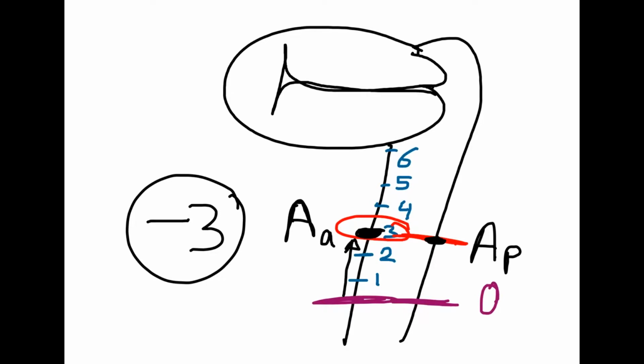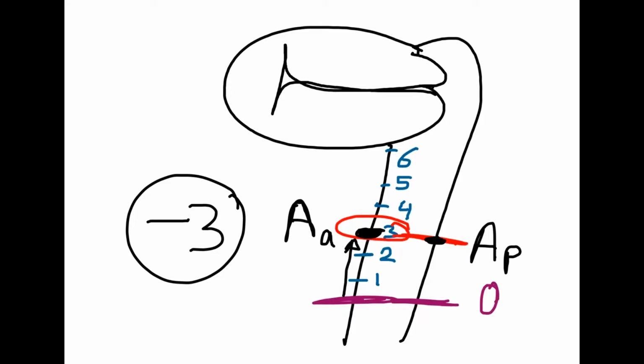So when the vaginal wall starts to descend, this point A will be displaced from its normal position.